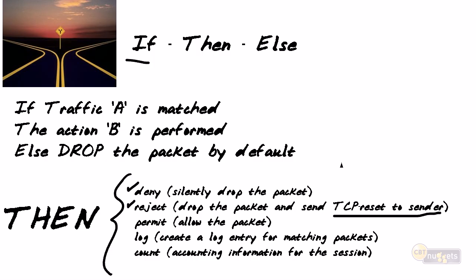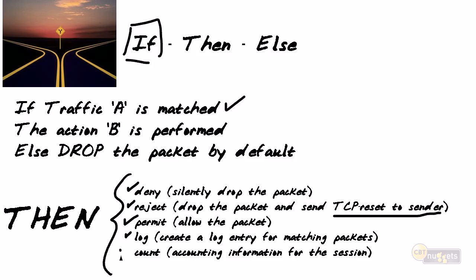Now, don't worry. We're going to look at several examples coming up. So right now we're just understanding the syntax and the logic of what's going on here in a security policy. We can also take the action of permit, which is allow the packet. Another action we can take is to log, create a log entry for anything that matches with the if statement. Remember, the action we're taking here is only if traffic A is matched.